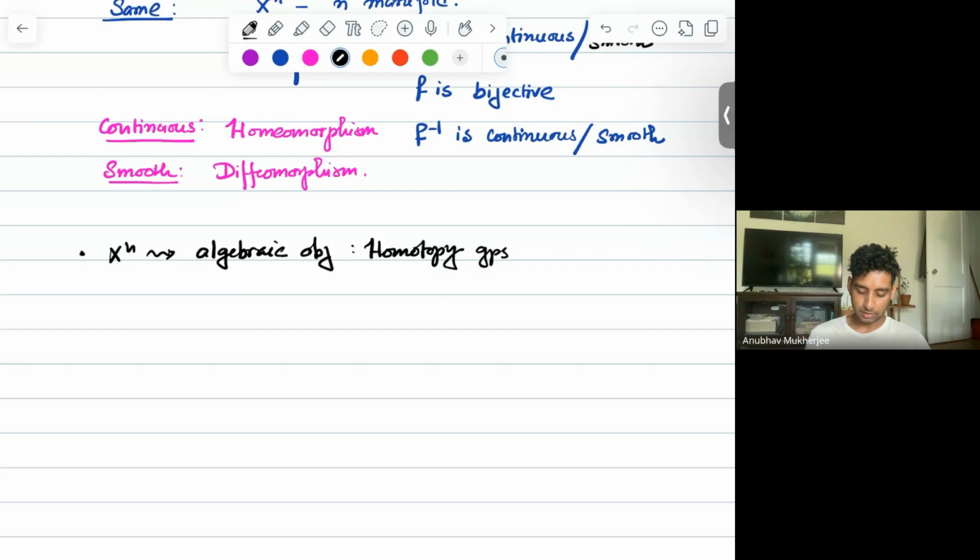Roughly speaking, for an n-manifold there would be homotopy groups pi1, pi2, up to pi n. Pi1, as we saw, intuitively tracks loops.